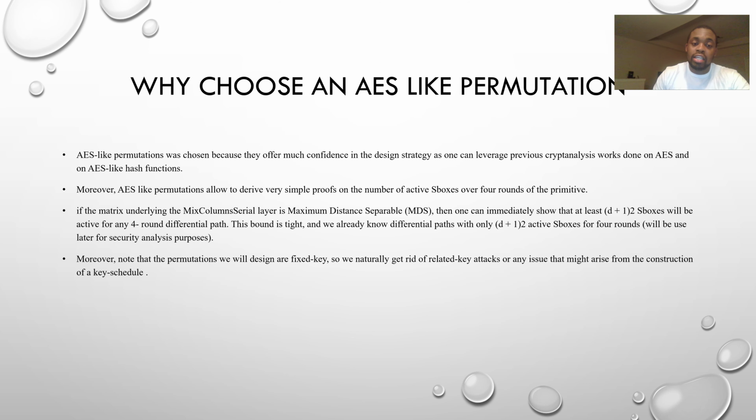If the matrix underlying MixColumnsSerial is maximum distance separable, then one can immediately show that at least (D+1) to the power 2 S-boxes will be active for any 4-round differential path. This bound is tight, and we already know a differential path with only (D+1) to the power 2 active S-boxes for 4 rounds, which will be used later for security analysis purposes.